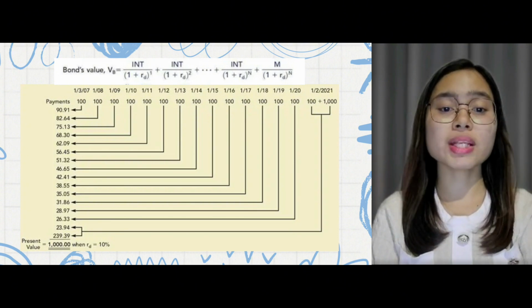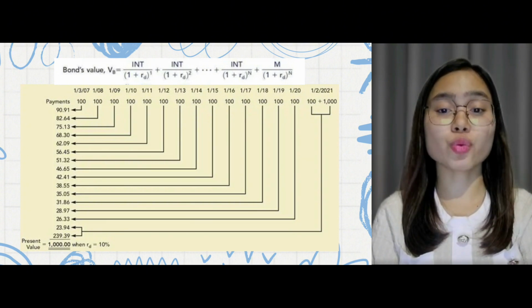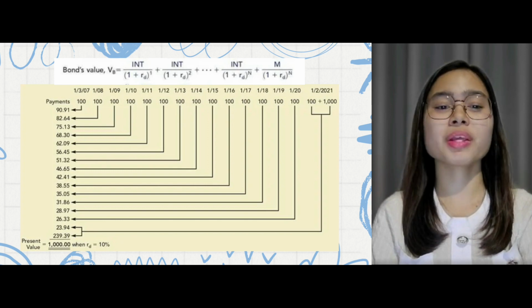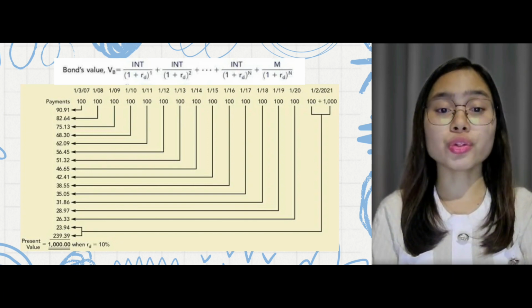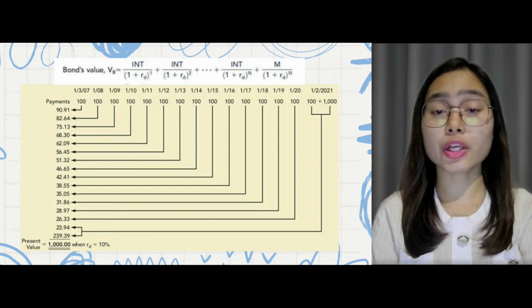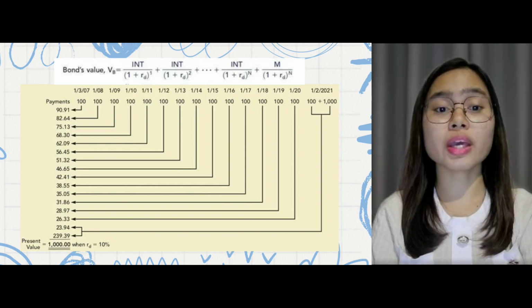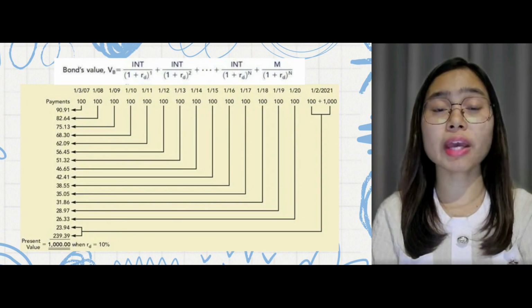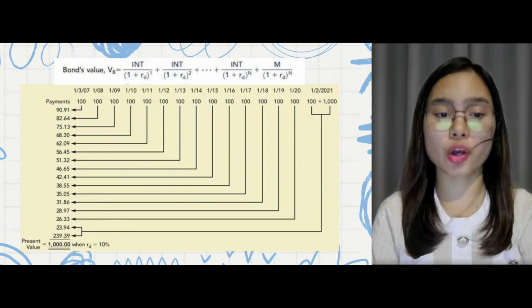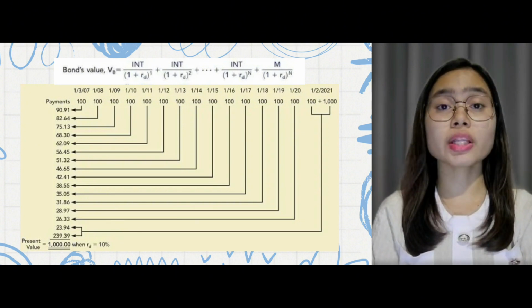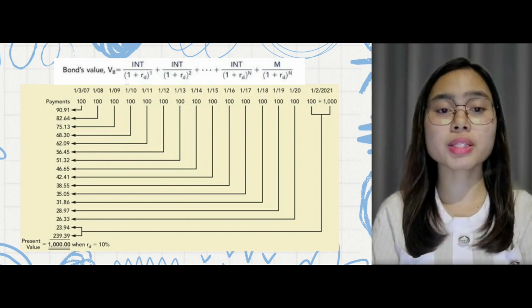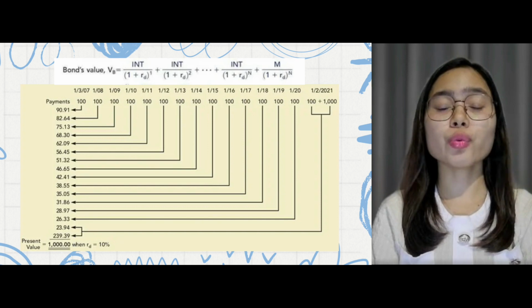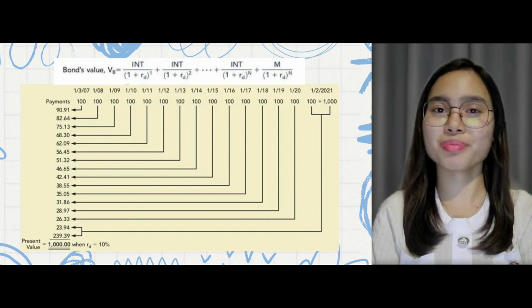So as you can see, we get the payment in January 2, 2021. And remember, do not round off when still calculating because you will not get the right answer. But if you are already done with the final answer, you can round off. So for us to get the present value, all we need to do is to add all the payments made yearly and we will have the present value of $1,000.